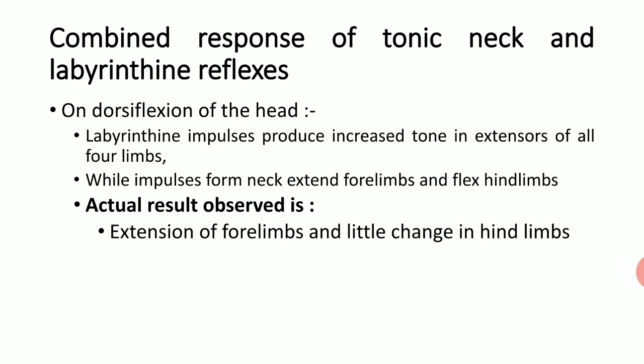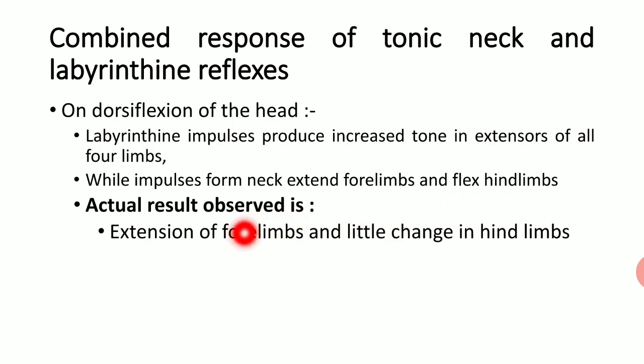Now the combined response of tonic neck and labyrinthine reflexes. On dorsiflexion of the head, labyrinthine impulses produce increased tone in extensors of all limbs, while impulses from the neck extend the forelimbs and flex the hind limbs.